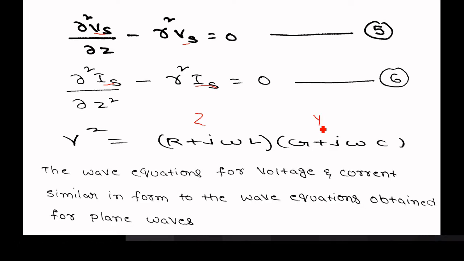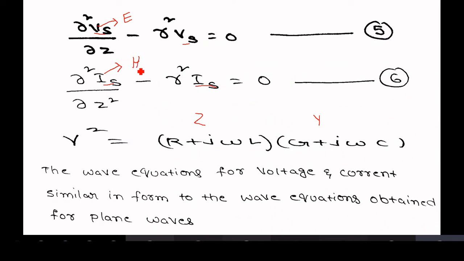What is the similarity? In the first unit we have also seen wave equations, right? These equations are also similar to the wave equation, except that in wave equations, in place of voltage we will have the electric field, whereas in place of current we will have the magnetic field intensity.